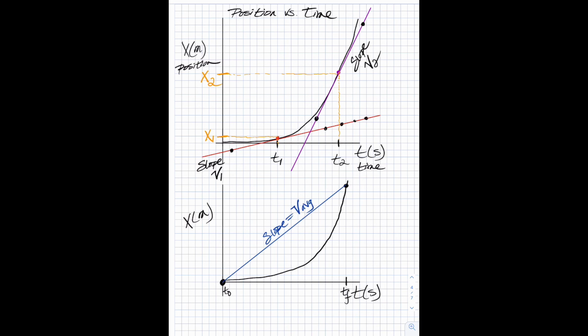Now, the math is the same. You just pull your points from different places. For the instantaneous, you pull them off the tangent line, which is the red line and the purple line, based on what time you're working with. And for the average, you pull it off of just the black line, and you pull the final and initial points off that black line.